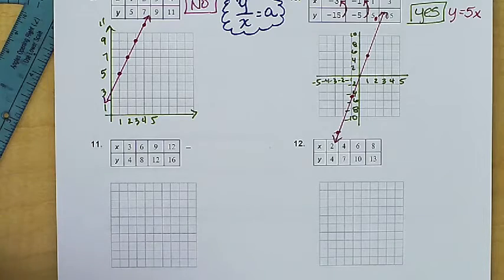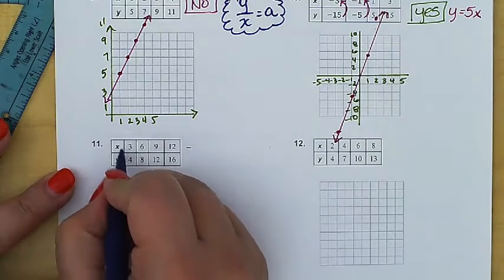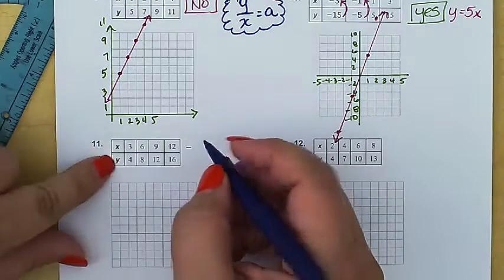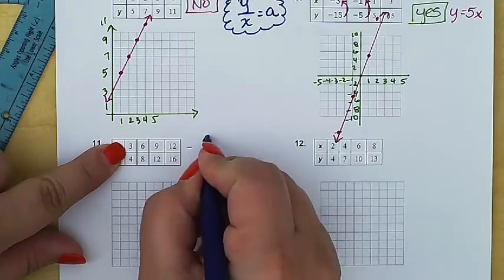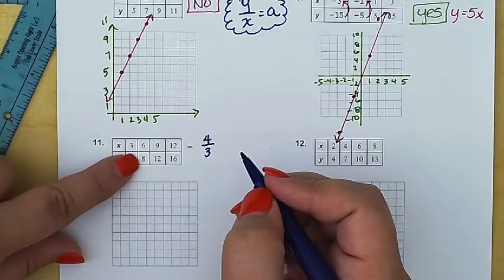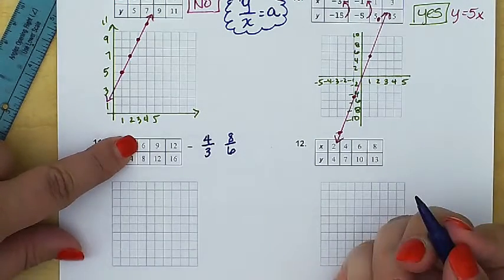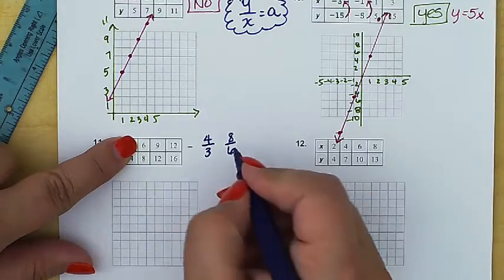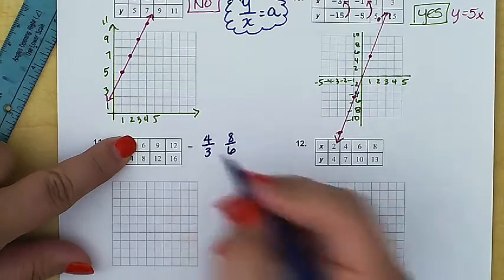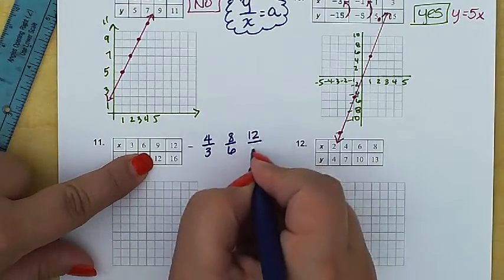Let's test it out with this method. Here, if this is direct variation, then the y to x ratio should be the same. So if I do y to x here, that's 4 over 3. The question, of course, is whether 4 over 3 is the same thing as 8 over 6. Does that reduce to the same thing? Well, actually, yes. If I divide those by 2, I get 4/3 again. So that one works. What about this one? It would be 12 over 9.